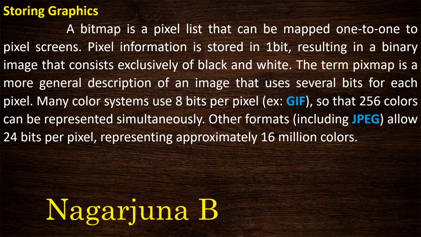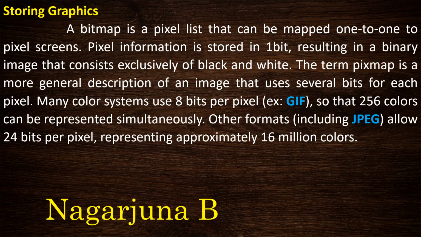The other formats include JPEG, which allows 24 bits per pixel. That means it can represent approximately 16 million colors.